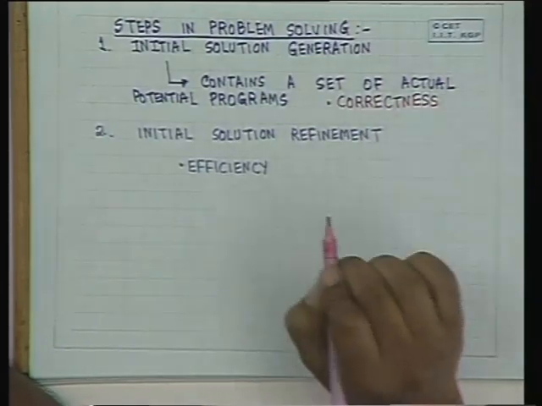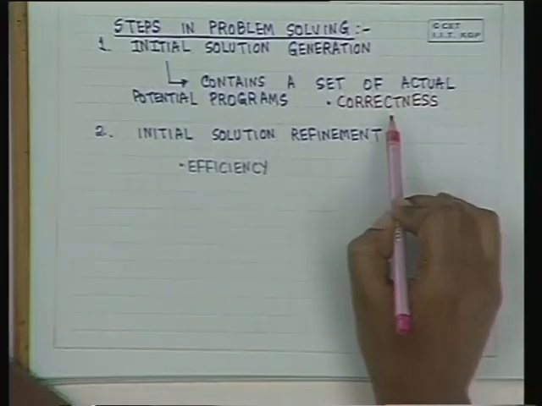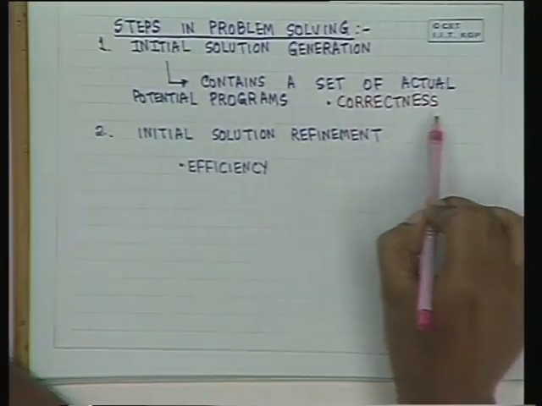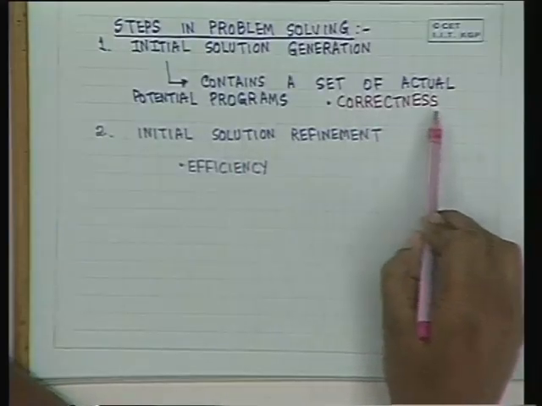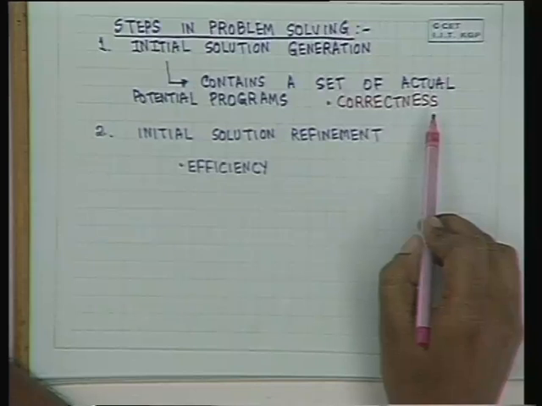The initial solution must be correct. It must be able to generate a correct answer to a problem. Those solutions which do not generate correct answers are absolutely useless. Therefore, the issue of correctness is tested and is validated at this step first. And whenever we do a refinement, we will try to maintain this correctness.